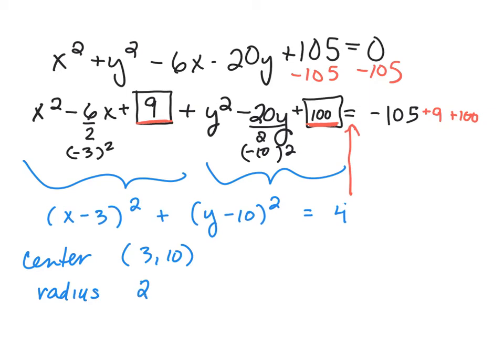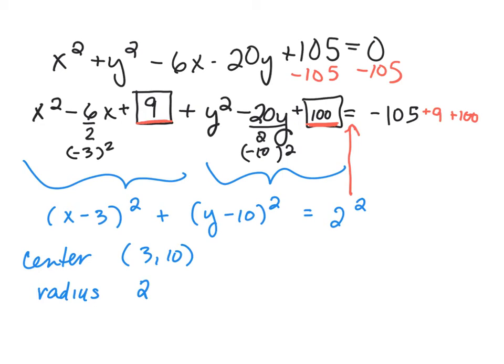I guess technically you guys are used to seeing it like that, so it's not too bad. This is called completing the square, and it's a really important step to learn in algebra that we reinforce in geometry.